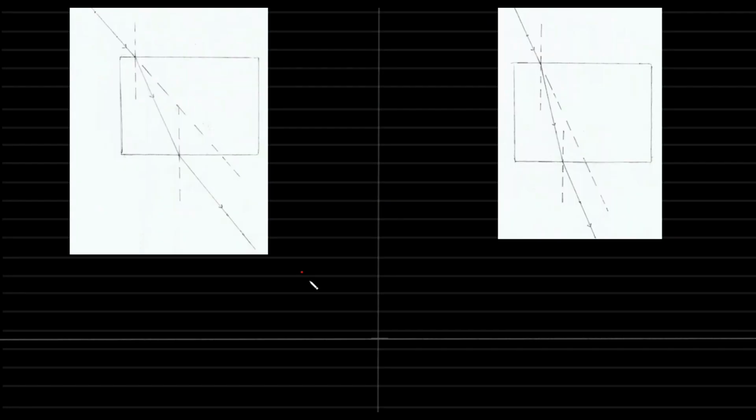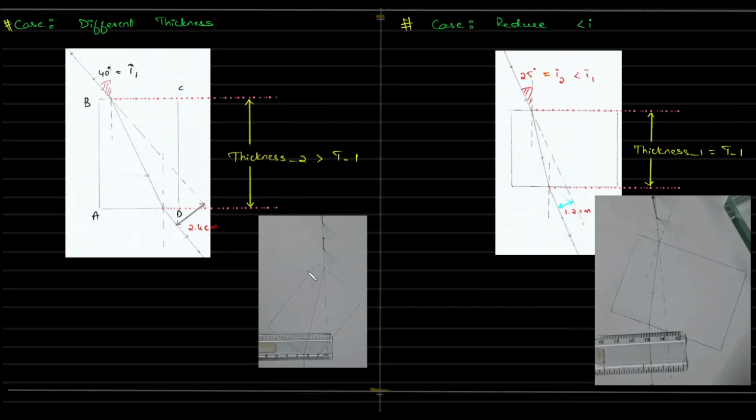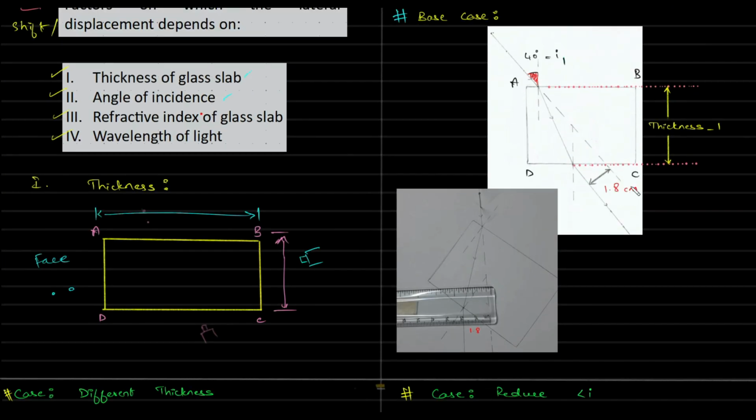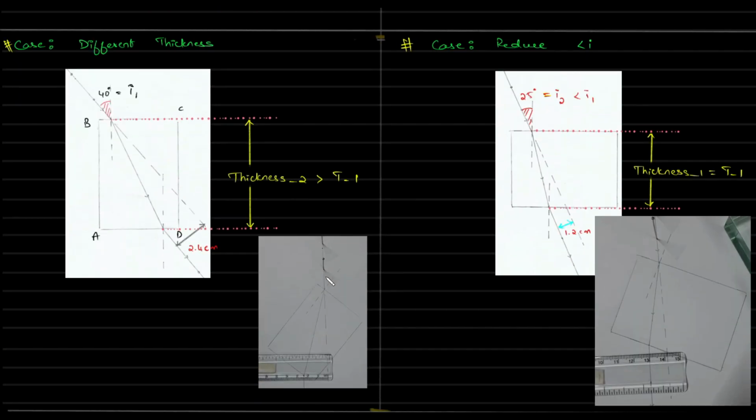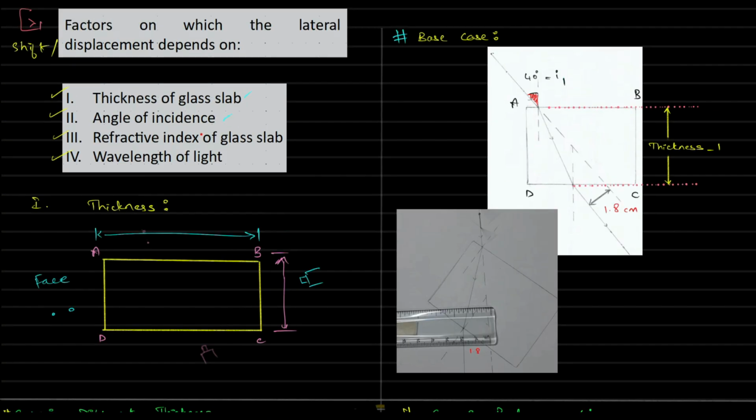I hope it made sense what we did. What is happening over here? We had a shift of 1.8 to begin with. When we increased the thickness, the lateral shift increased. If I were to reduce the thickness, the lateral displacement would have been only till here, this ray would not have bent to this extent. If I further increase the thickness, the shift would have been a lot more. So with increase in thickness, the lateral displacement or the shift is increasing.